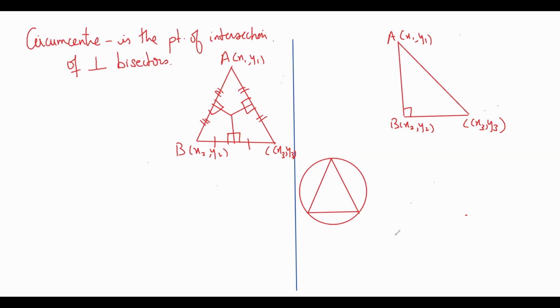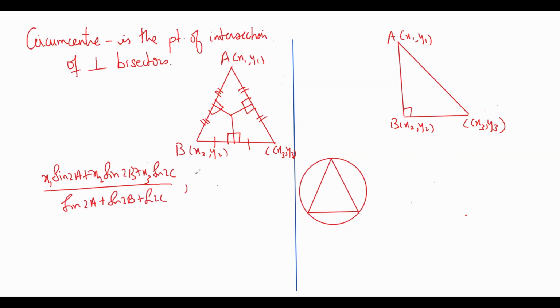Now there is a formula, and that formula is very lengthy. So we will not apply this formula, but you should know it. The formula is x1 sine 2a plus x2 sine 2b plus x3 sine 2c upon sine 2a plus sine 2b plus sine 2c, and the y coordinate is y1 sine 2a plus y2 sine 2b plus y3 sine 2c upon sine 2a plus sine 2b plus sine 2c.